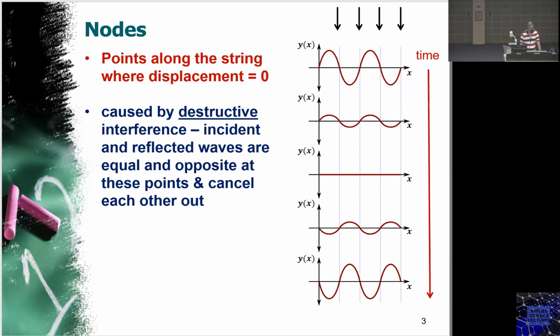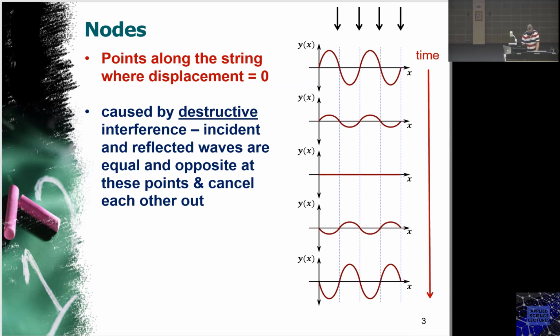Nodes are points along the medium of propagation where we have the standing waves that have zero displacement. Those nodes are caused by the destructive interference between the incident and reflected wave.